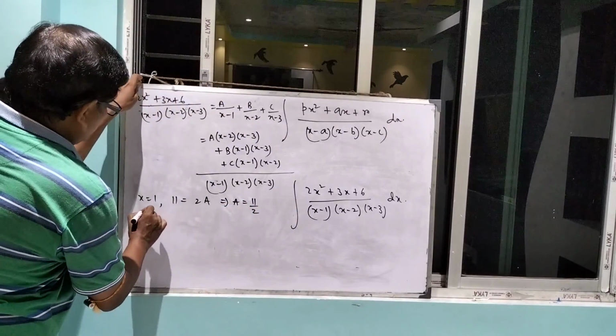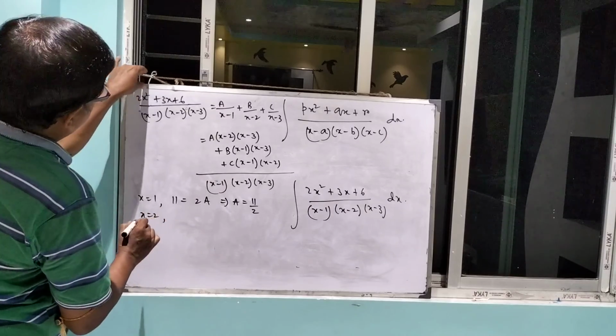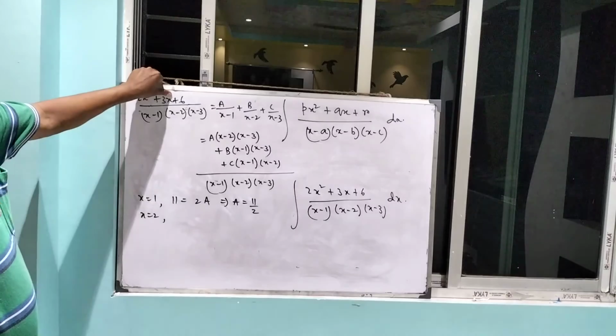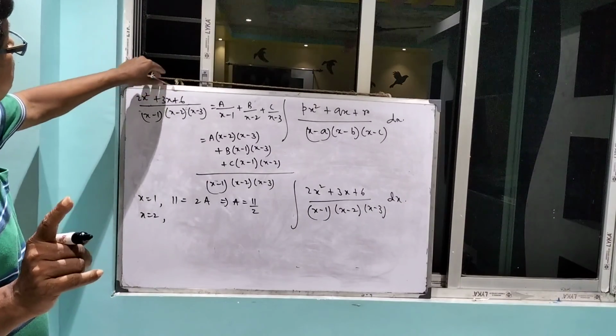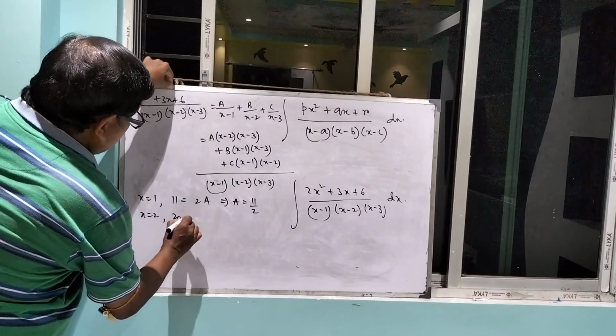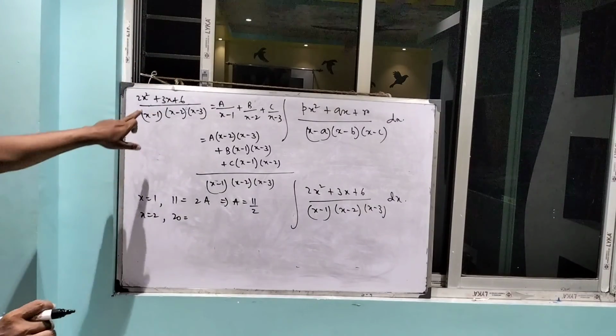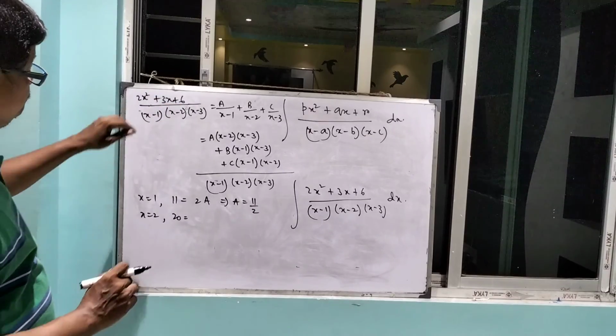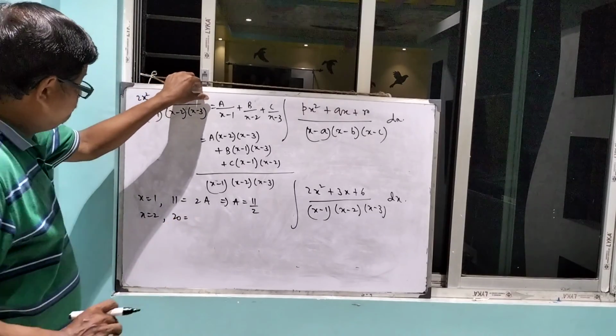Again, we put x equal to 2. Then, see, this is 8, 6, and 6. That is 20. Okay? 8 and this is 20 equal to here.